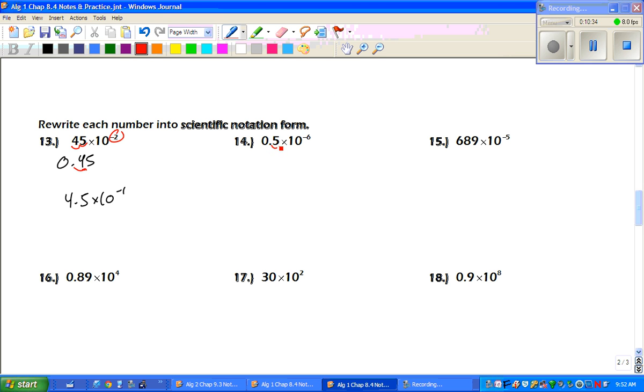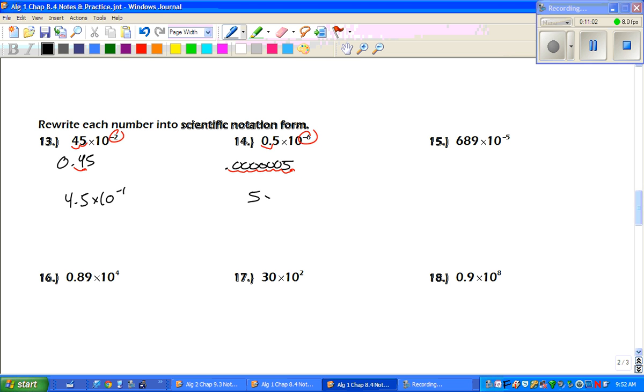Same with this one. We got to move it over a spot. Well, hold on. Scratch that. Negative 6. So we're going to go negative 6 times. So there's the 5. 1, 2, 3, 4, 5, 6. And it really is 1, 2, 3, 4, 5, 6, 7.